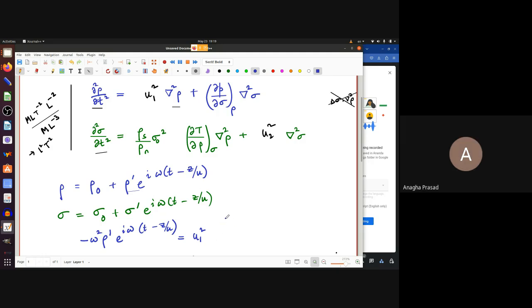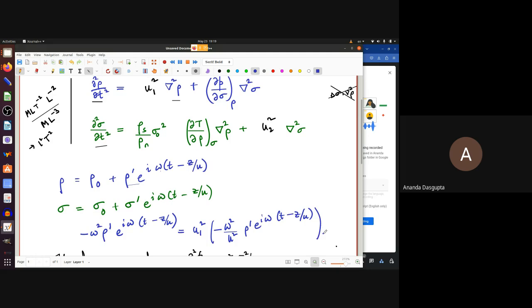It's actually minus omega square by u square. Minus i omega by u is going to come down twice. Here i omega came down twice for two derivatives. Here minus i omega by u came down twice, and minus i whole square being minus 1, you get this, into, of course, rho prime e to the power i omega t minus z by u. That was the first term.